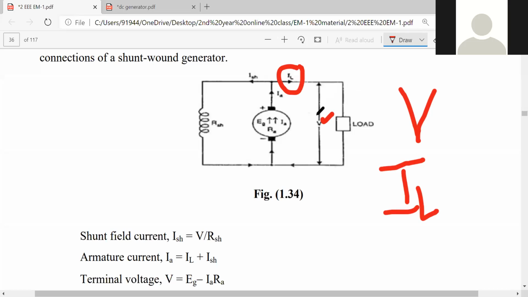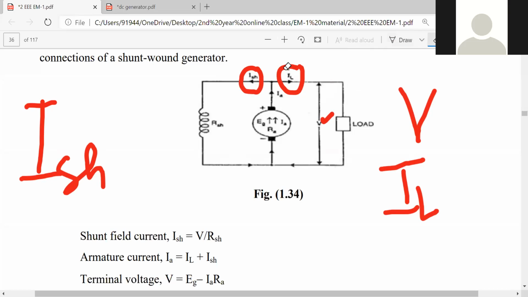Next, armature current IA, generator voltage EG, armature resistance RA. This is called the shunt current ISH, the current taken by the field winding. ISH is in this direction. The armature delivers current IA.